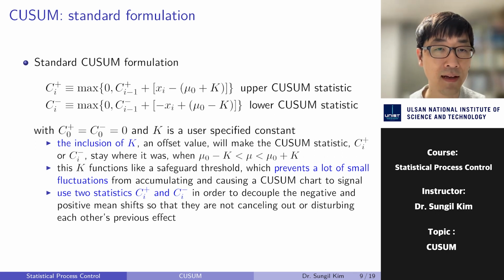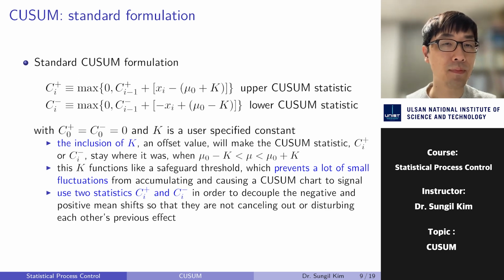And second, the standard version includes K, which is an offset value. This will make the QSUM statistic stay where it was, like a safeguard threshold. So it prevents a lot of small fluctuations from accumulating and causing the QSUM chart to signal.